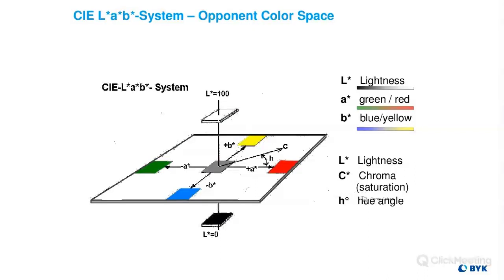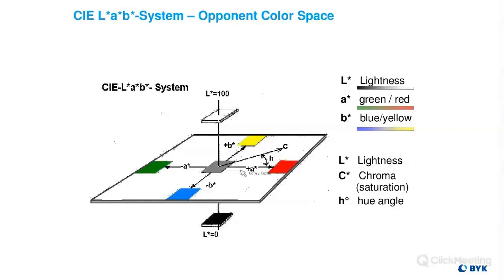So like a gray or white or black, those are neutral colors. They have no chroma. Whereas like a scarlet red or a lime green, we would say those are very chromatic colors. So those would have a high C value. And then we have the hue angle, which actually describes the hue of the color, red, yellow, green, blue, as an angle off of the positive A axis. Right?